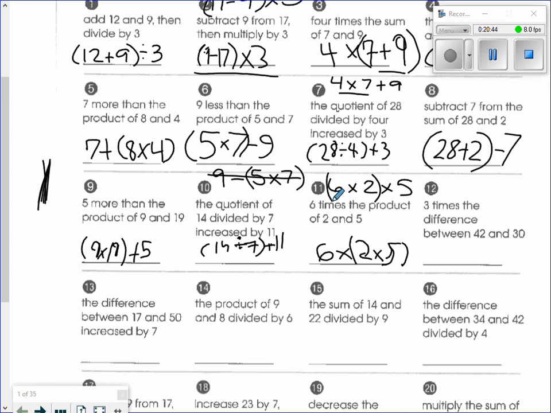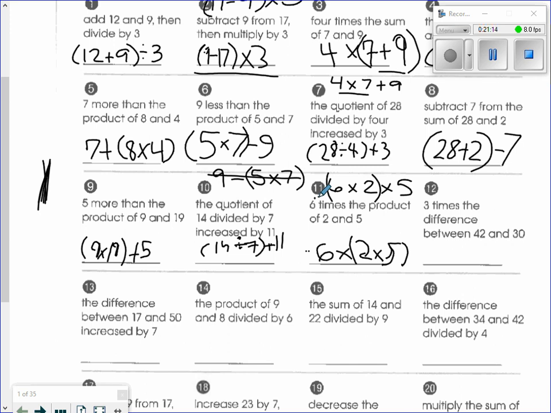If it's on a test and you had to match the expression to the statement, does that match? No, this one does. Would you get the same answer? Yeah, because with multiplication you can switch the numbers around. But if it's strictly which one matches what it's saying, this one does, this one does not.